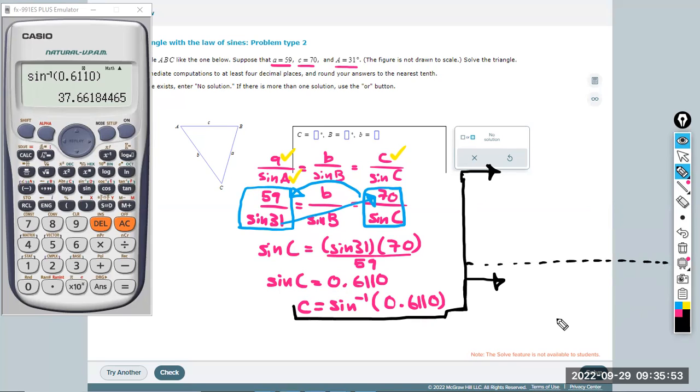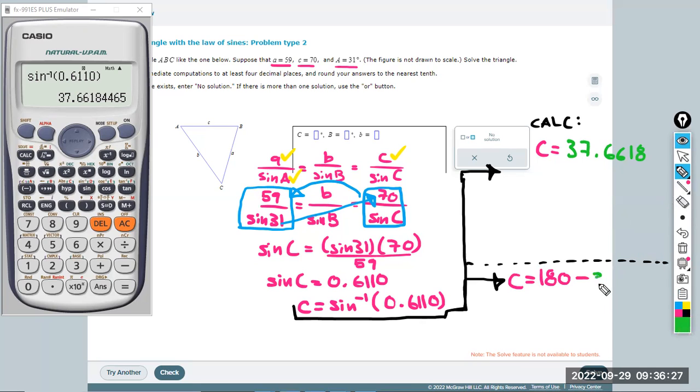So two cases appear. The first one is the one that the calculator gives us. So I'm going to write it here, calculator. The calculator says that inverse sine of 0.6110 is 37.6618. And the other case is going to be 180 minus what the calculator says.